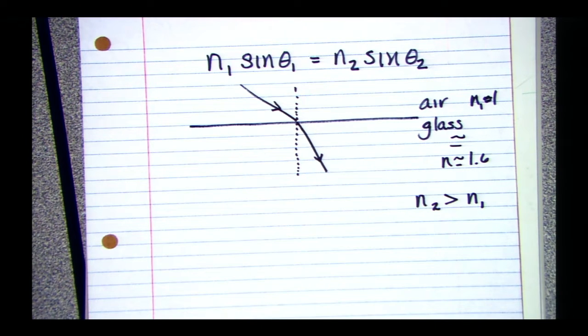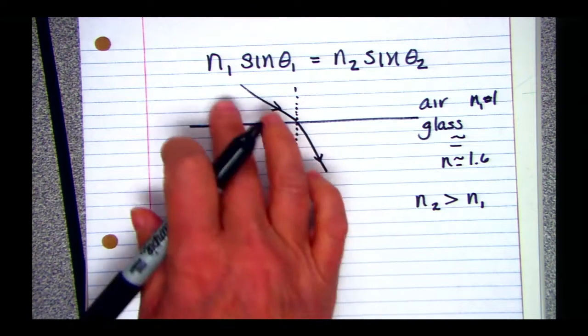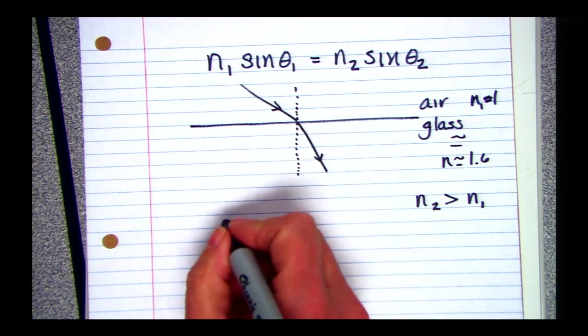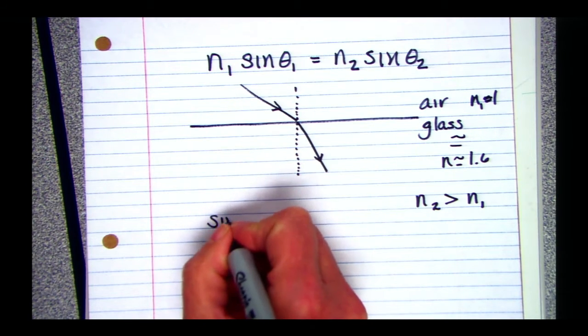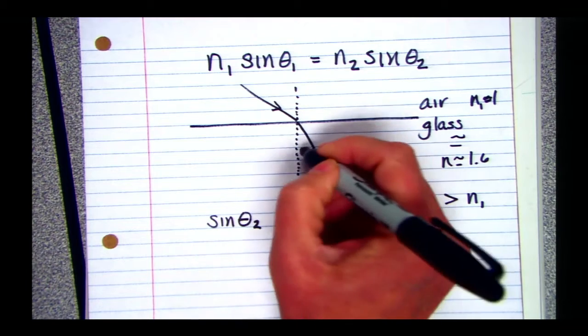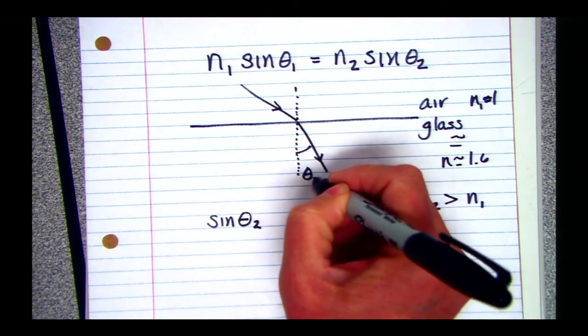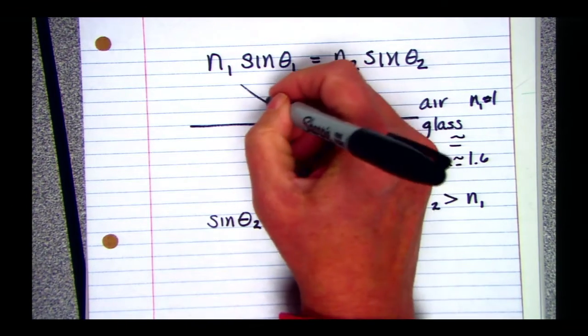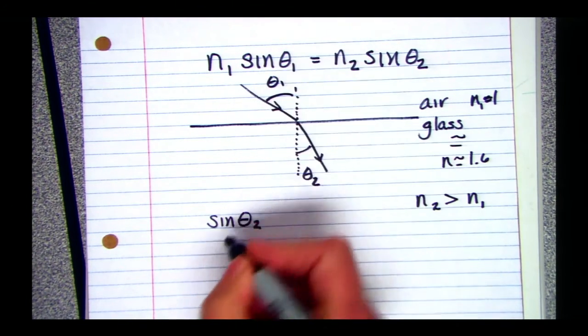Where Snell started, when you looked at this, with the angle of refraction and the incident angle, is that these two angles are related to the speeds that the light has, and that comes into a constant.